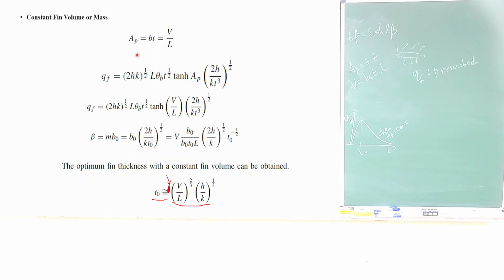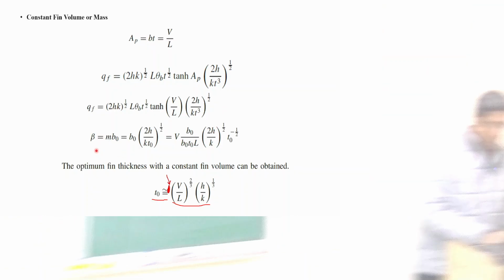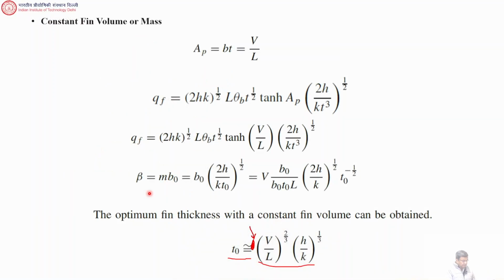So AP is V by L obviously, so volume by length, volume by width actually. So we write this, and then we get beta like this. So this is just the algebra part of it, and you just keep following, and whatever possible you write also. You don't have to write everything, write some steps so that when you go home you can fill this up.